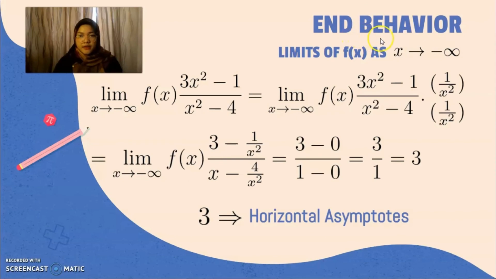To determine end behavior, we have to calculate the limit of f(x) as x approaches negative infinity as well. So when we solve the equation using this formula, we can get 3 when x tends to negative infinity. It also gives 3, which is the horizontal asymptote.